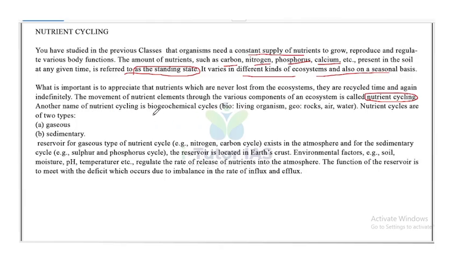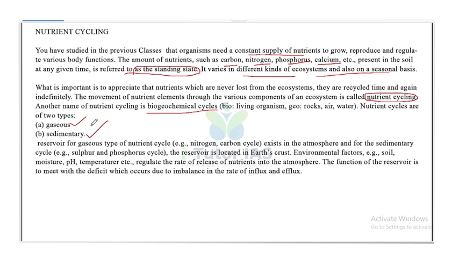Another name of the nutrient cycle is biogeochemical cycle. This is because the cycle flows through bio, that is living organisms, geo, that is rocks, air, water, etc. The nutrient cycle is of two types. One is gaseous nutrient cycle, second is sedimentary nutrient cycle.